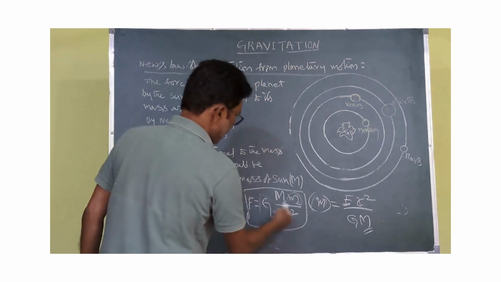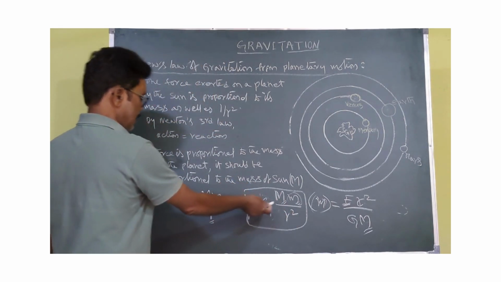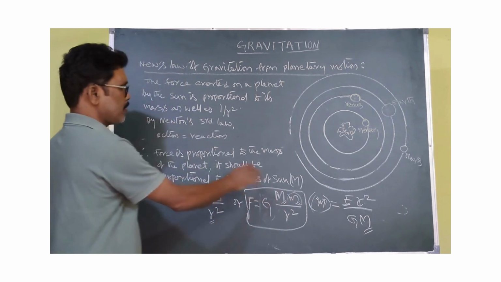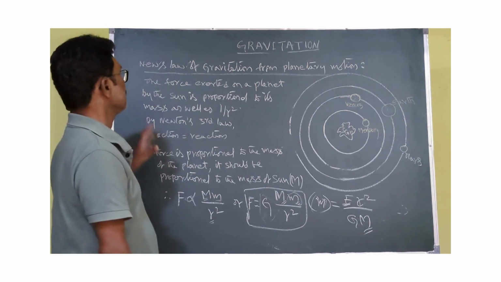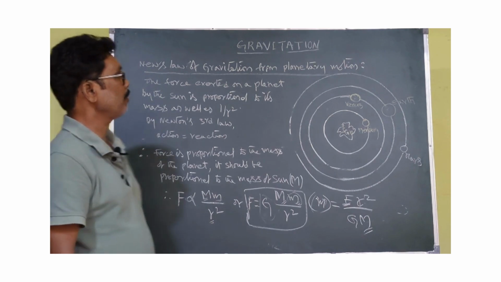Like this, you can get different equations, and whatever term is required, you can take out and calculate from this equation. This is about Newton's law of gravitation from planetary motion.